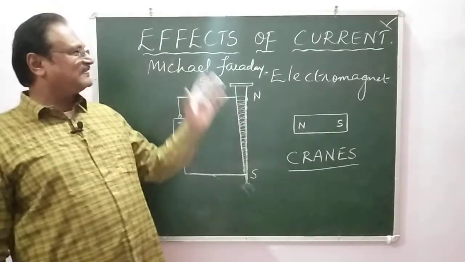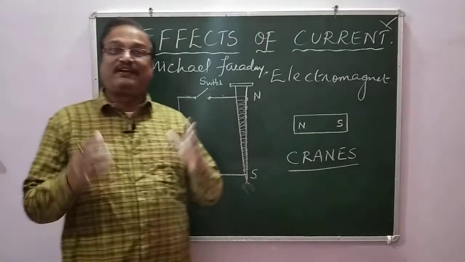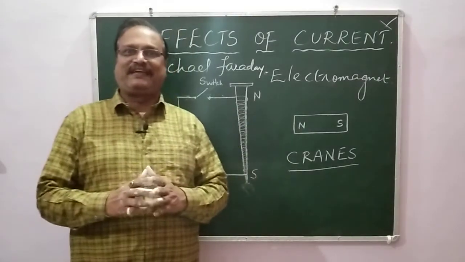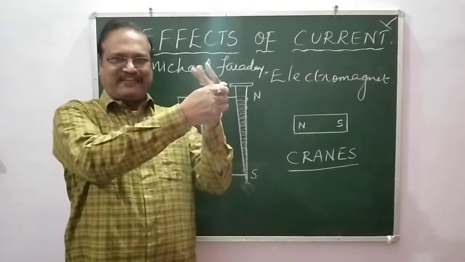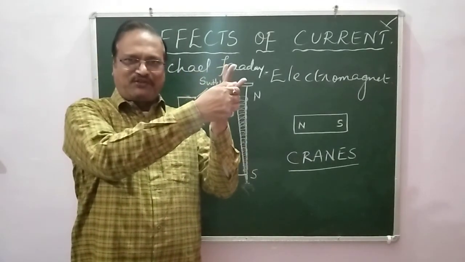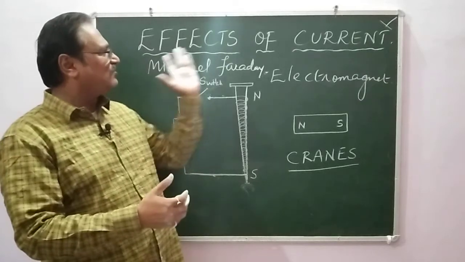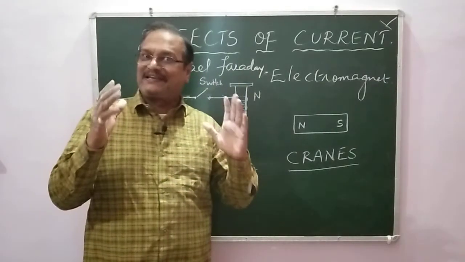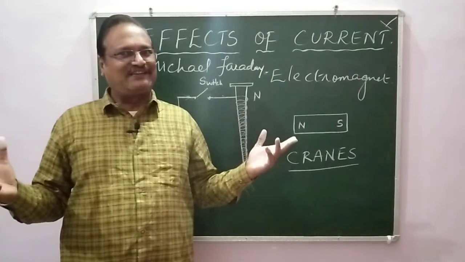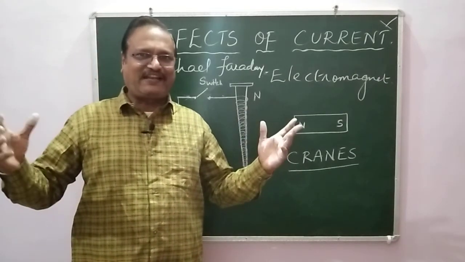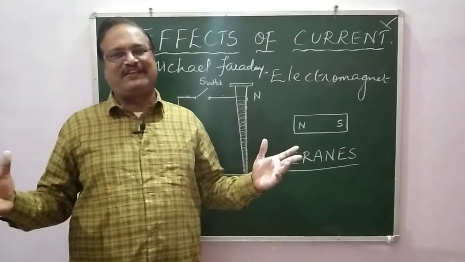With that, let us complete these effects of electric current. We studied about the heating effect, and the light being produced, and now I have discussed the magnetic effect. In the next video, one more effect, that is the chemical effect of electric current, that we will study now.